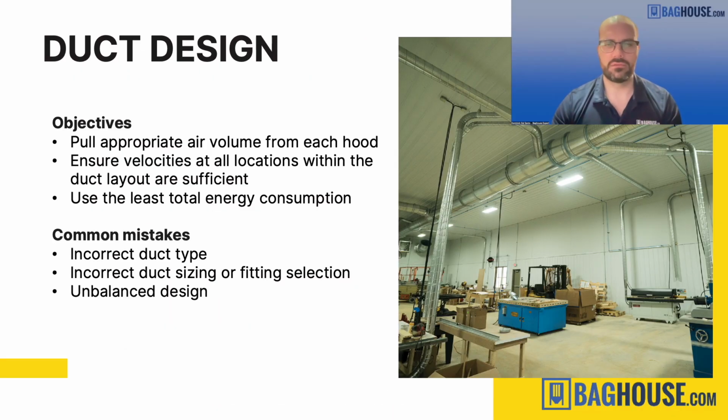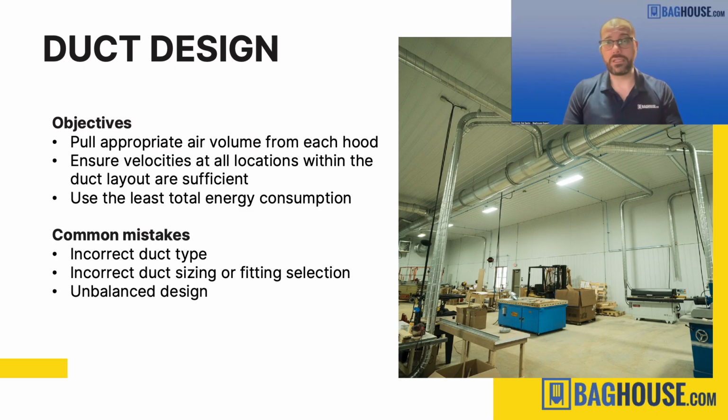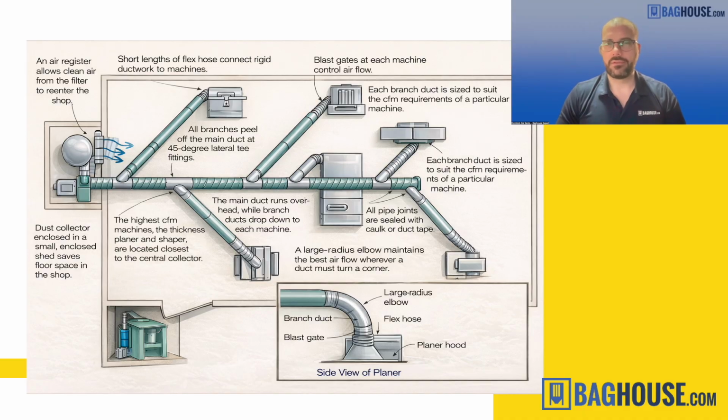Now, once we start going into designing the ductwork system, like I said, we need to start by making a layout of the machines in your area that are going to get connected to the ductwork. So we can see a sample image here of how one might lay out the ductwork. This is more of a graphic, but it can be a simple hand sketch, just showing the locations of each machine relative to the outside walls, and then showing the distances between each machine.